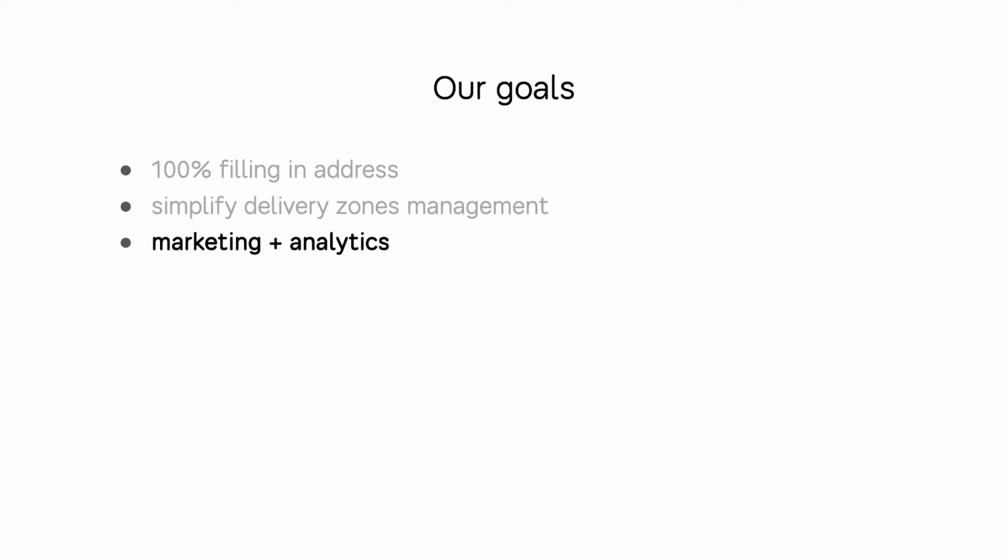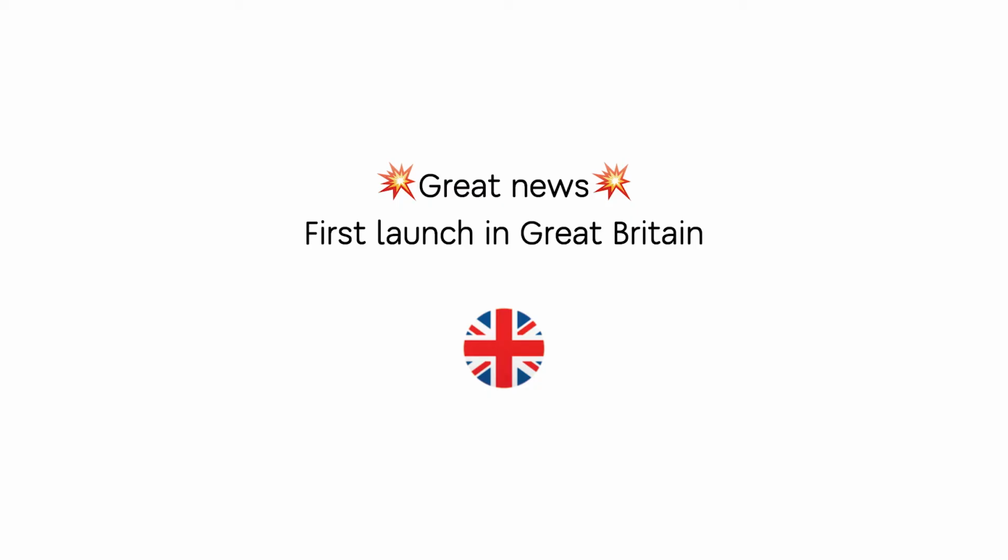Also, this new address system gives us new marketing and analytics opportunities. For example, we'll be able to send push notifications to clients passing by the restaurant with an invitation to come in. Also, we'll be able to use analytics on the average checks in different areas of the city.